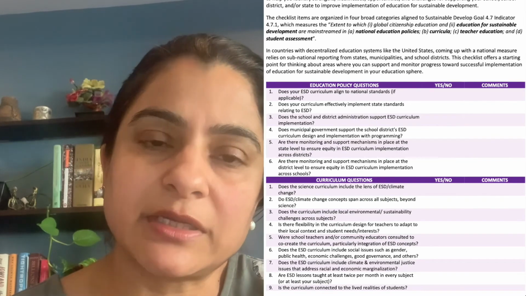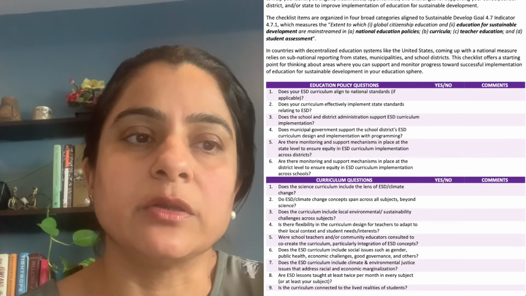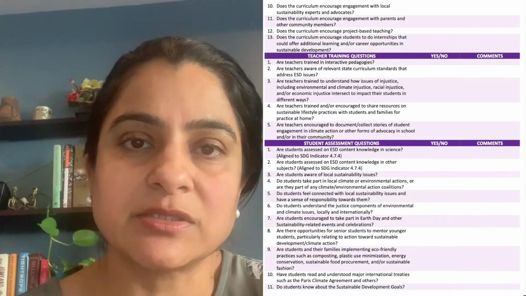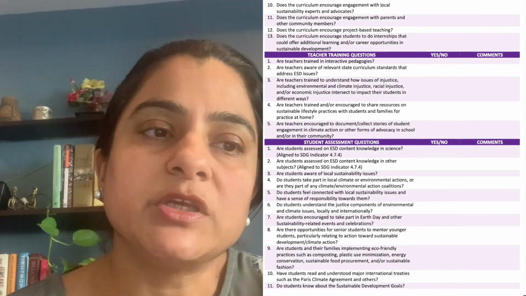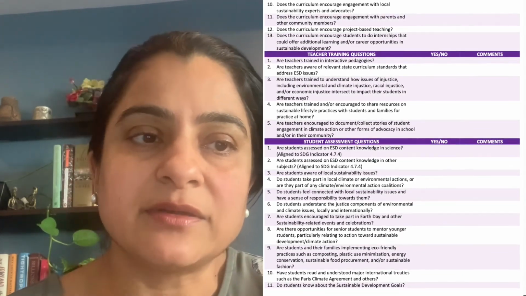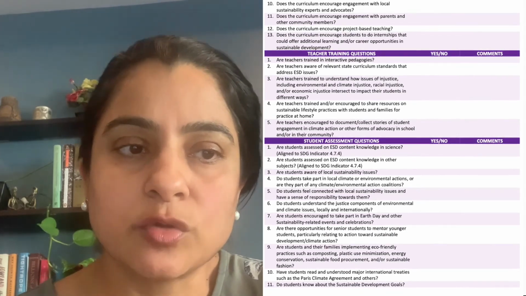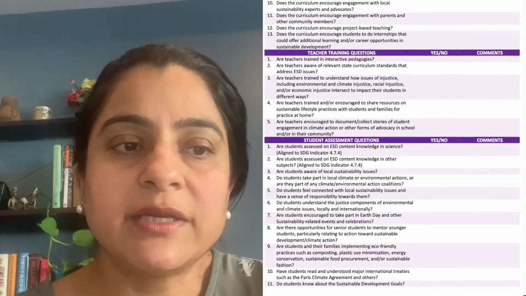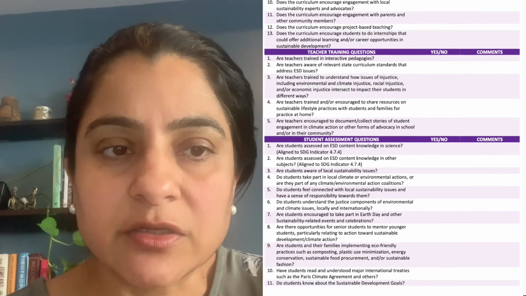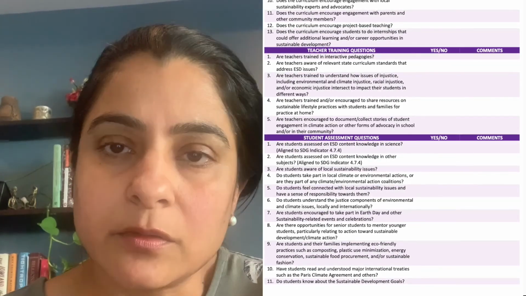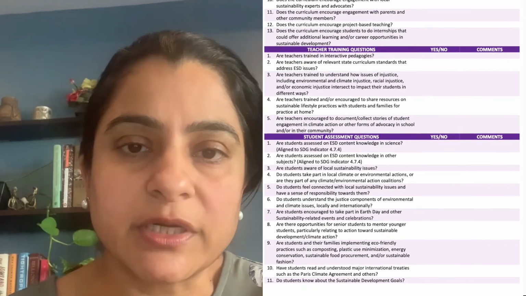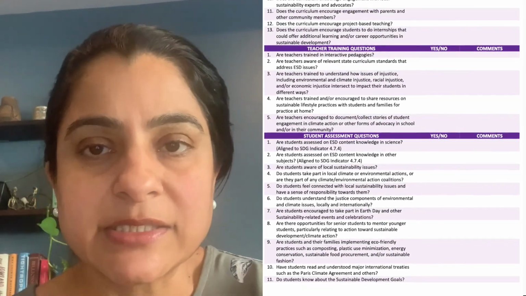Does the curriculum include local environmental challenges, or is it based exclusively on global issues? Is there flexibility in the design of the curriculum for teachers to improvise? Were schools, teachers, and educators consulted to co-create the curriculum? Those are some examples of this kind of equity audit that could be conducted by any stakeholders.